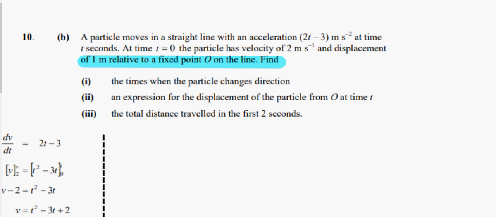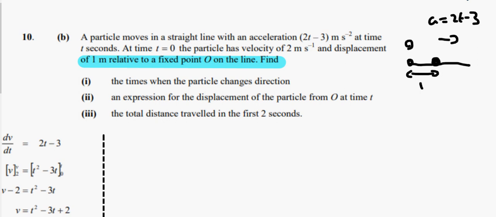Okay, so there's some point O, and you start here, a distance 1 away from that line, displacement 1, so 1 in the positive direction, and you have an acceleration 2t minus 3, which means you're probably going to accelerate from O, because time has to be positive.